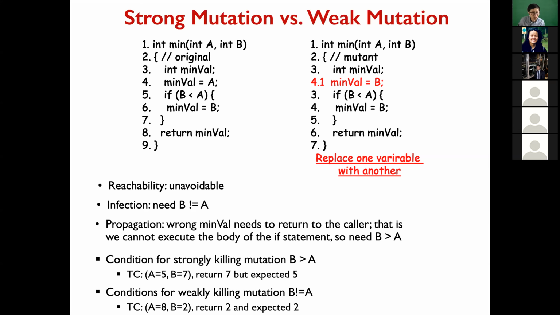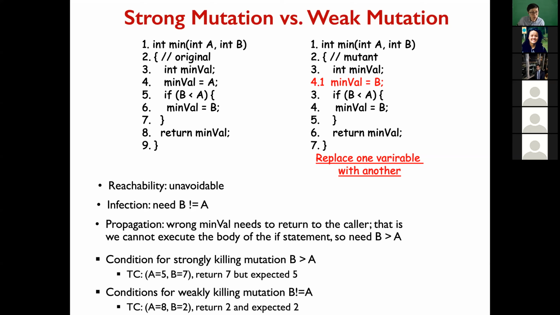But if A is bigger than B, we change the state of our program, and it's also reachable, but the outputs are the same. If A equals 8 and B equals 2, the program on the left returns 2, and the program on the right also returns 2.